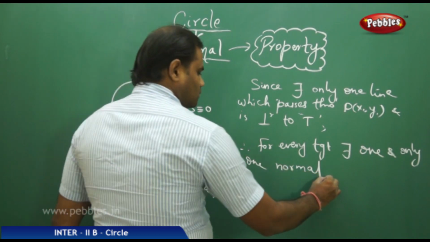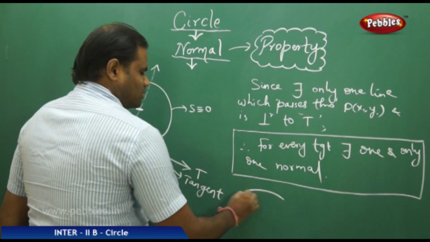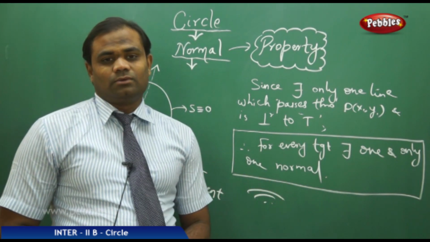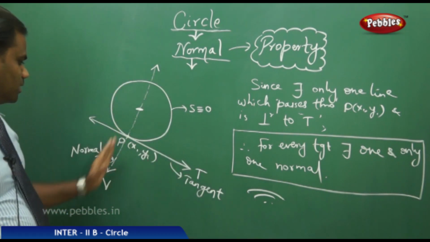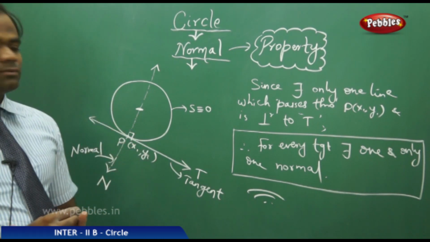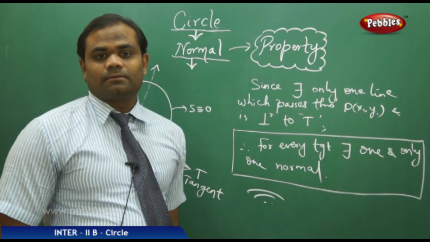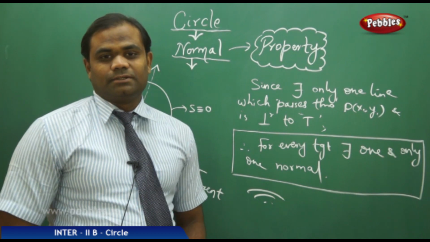So every tangent has only one normal which it passes through. There cannot be two normals for one tangent. So the normal is perpendicular to the tangent and passes through P(x1, y1), the point of contact. This is the uniqueness of the normal of the tangent T.